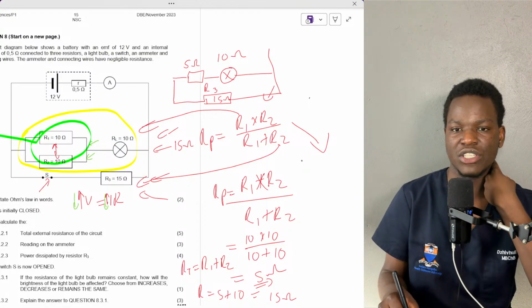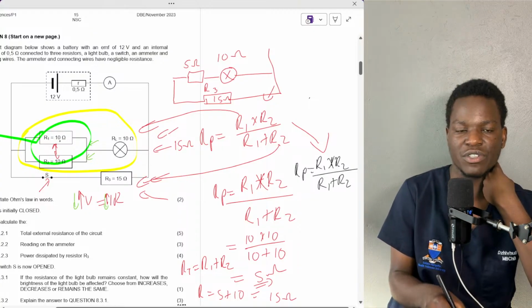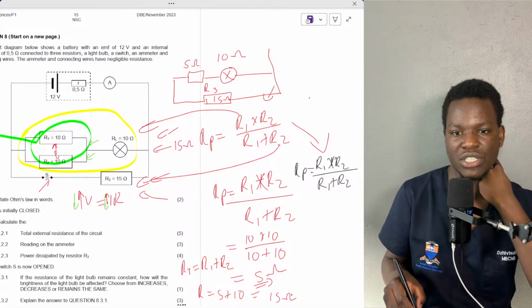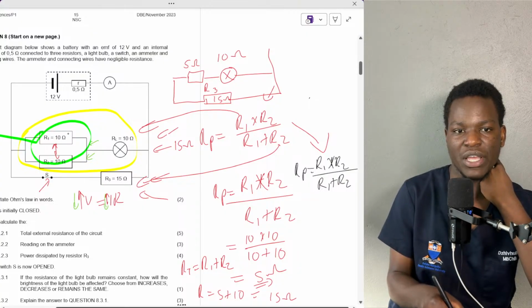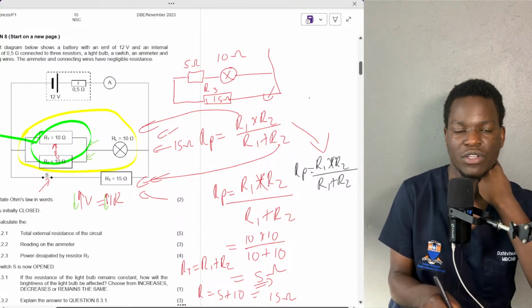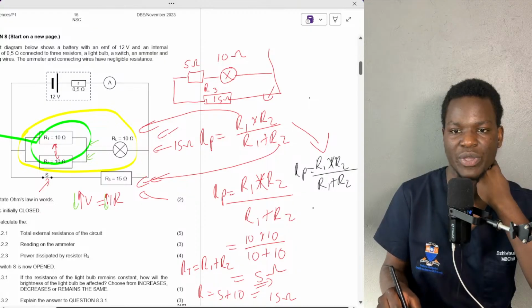So now let's use this very same formula of Rp equals R1 times R2 over R1 plus R2. So now we have resolved the total resistance of this branch, which is 15 ohms, which is 5 plus this 10, is 15. So the total of this branch is 15. The total of this branch is 15. So now we can add.